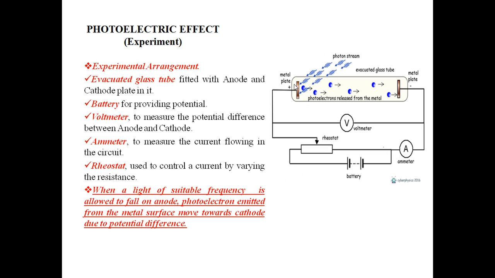So in this phenomenon, photons of light fall on the anode, which is any metal surface, and electrons are emitted from the metal surface and move towards the cathode due to the potential difference between anode and cathode that is provided by this battery in this diagram.